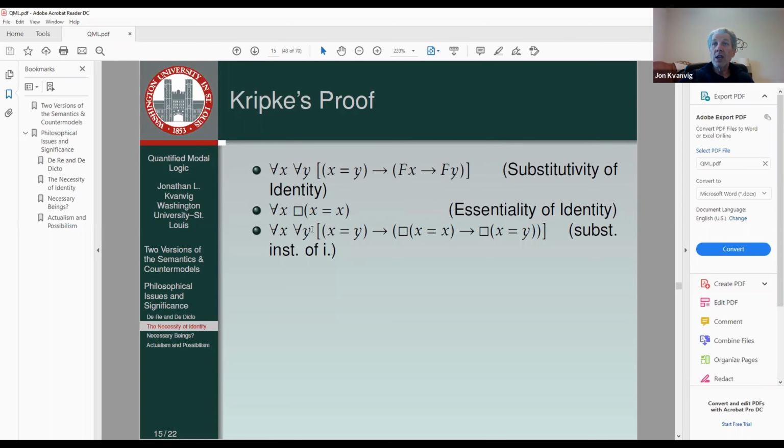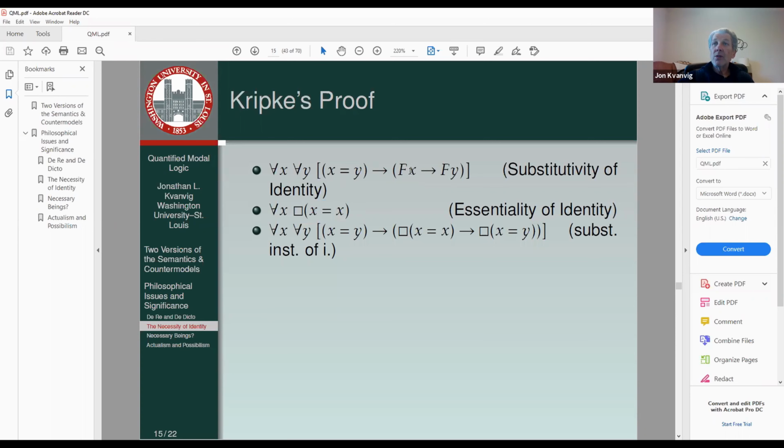So start out: for all x and y, if x equals y, then box x equals x implies, and notice what we did. We took box, here's the property that x has in the second sentence. x has the property of being necessarily identical to x.